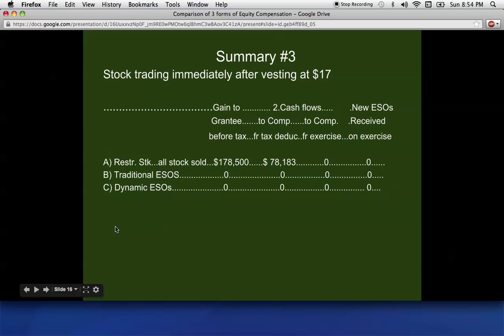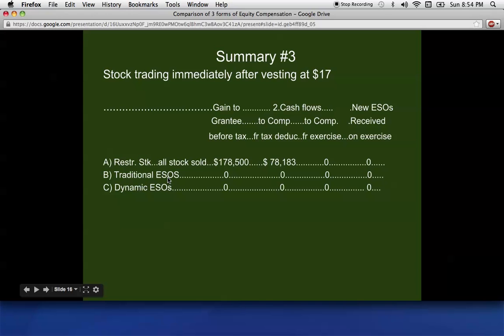And here's the summary of what happens when the stock is 17 at vesting. Restricted stock, you get paid. The company writes it off and gets a tax deduction. There are no cash flows from exercising because restricted stocks aren't exercised. There are no new ESOs.